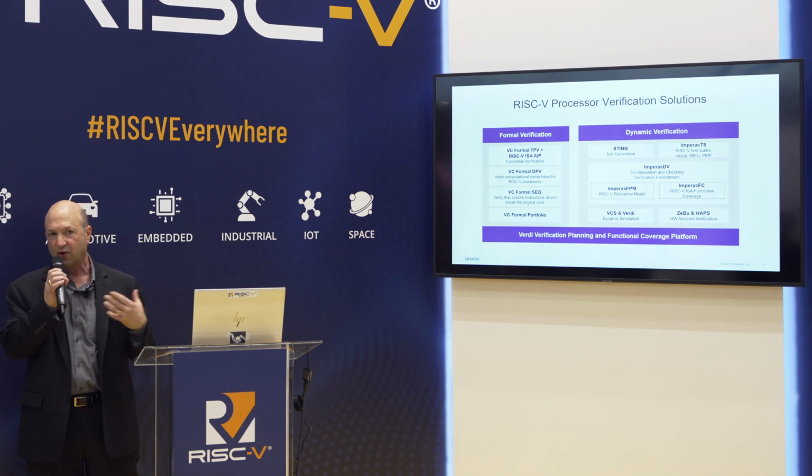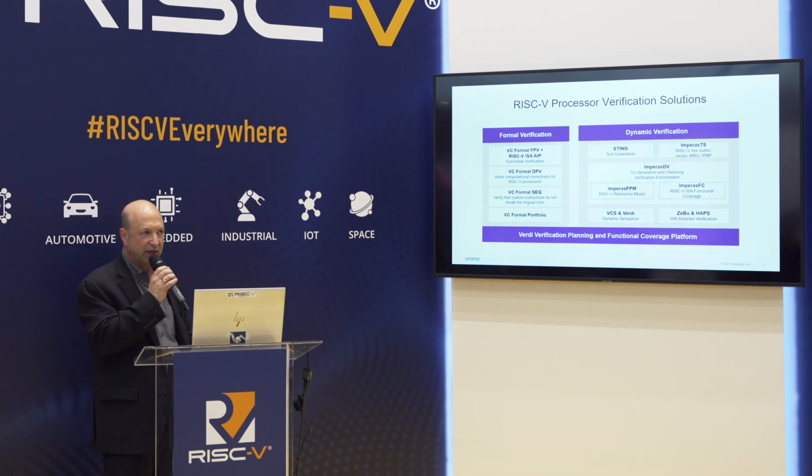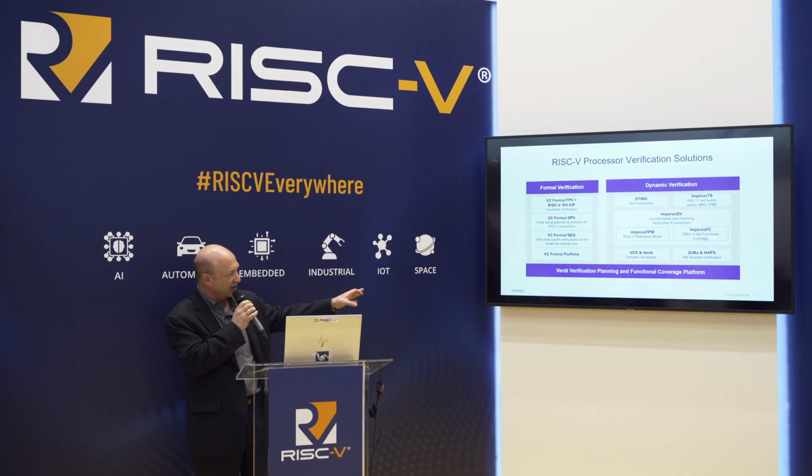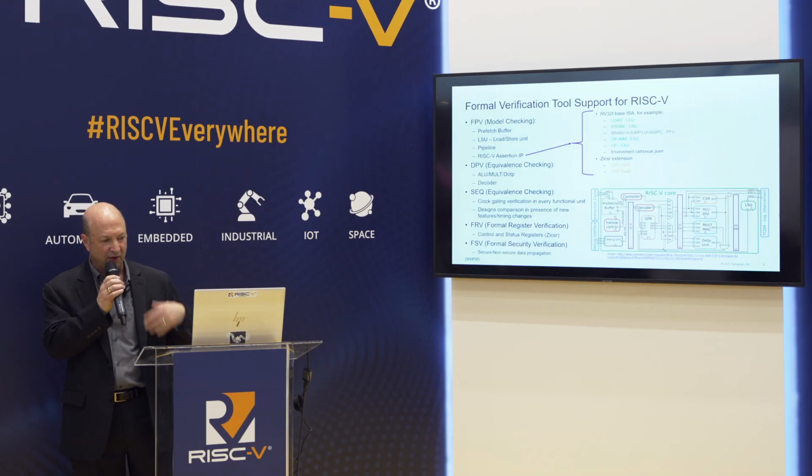And as we know, functional coverage is the key metric for processor verification. And these tools all work with the conventional simulation, VCS and Verdi, and also with hardware-assisted verification, ZeBu and HAPS. And then there's the ability to have functional coverage and verification planning combined between the formal and the dynamic verification tools. So that's on the verification side.